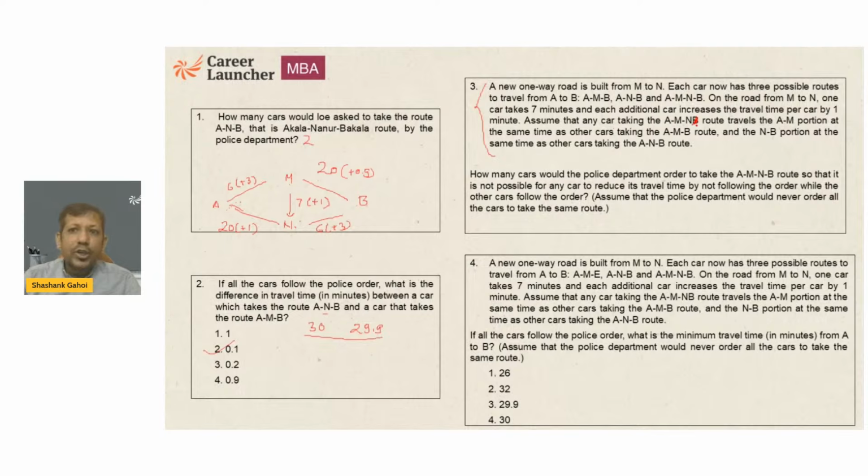Okay, so AM portion in same time as other cars are taking A and B. Any car taking A, M, and B route travels the AM portion in the same time that other cars taking AMB route, and NB portion in the same time, ANB route. Okay, same time.